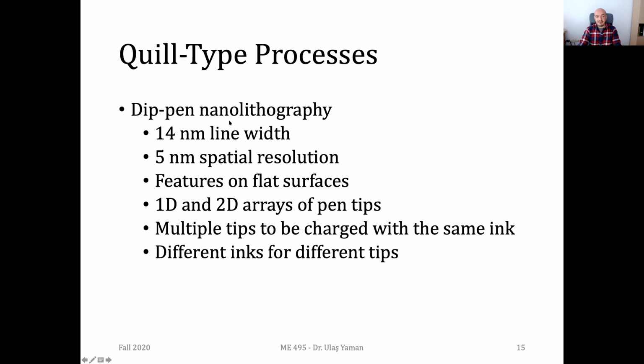As you see, the advantage of this process is that its line width is very small, about 14 nanometers, which is not possible to obtain with any other additive manufacturing technologies. The resolution is 5 nanometers, so you can have different features on flat surfaces. It's quite difficult to use on conformal surfaces, but you can print little products on 2D surfaces.